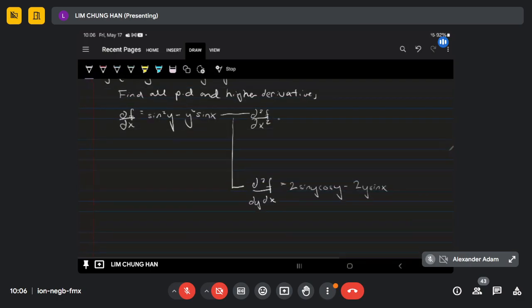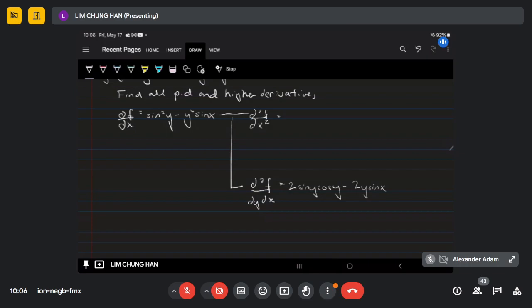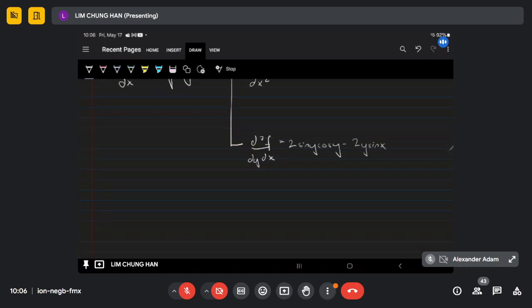The other one, you guys can work it out on your own. I'm not gonna bother. So you know the process. Is there anyone who cannot do this, or you don't understand anything?